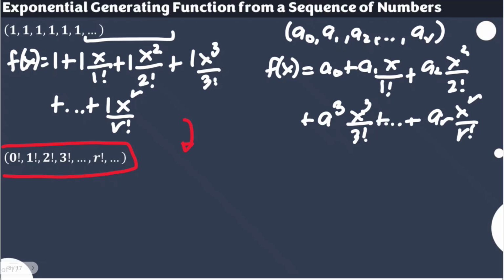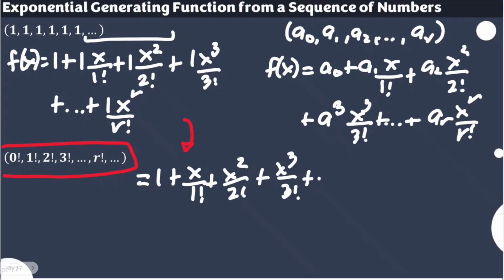So it's actually equivalent to 1 plus x over 1 factorial plus x squared over 2 factorial plus x cubed over 3 factorial plus so on and so forth, plus x to the power of r over r factorial, and so on. Let's also consider the sequence that doesn't end.